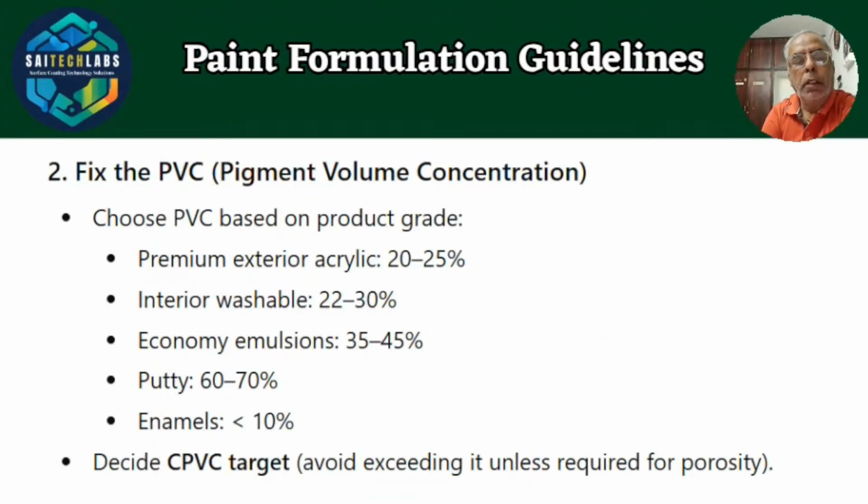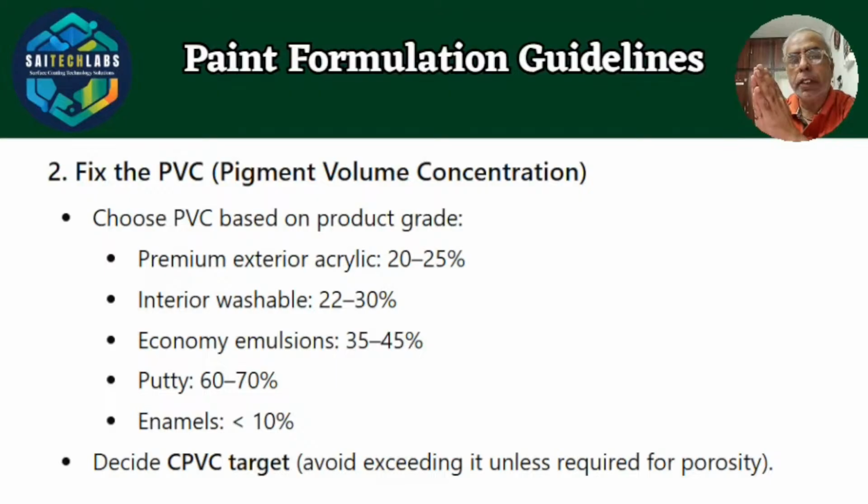Now let us come to the second stage. We need to fix the PVC, that is pigment volume concentration. So we need to choose the PVC based on the product grade. For example, if you are looking for premium exterior acrylic emulsion, usually this ranges from 20 to 25 percent.